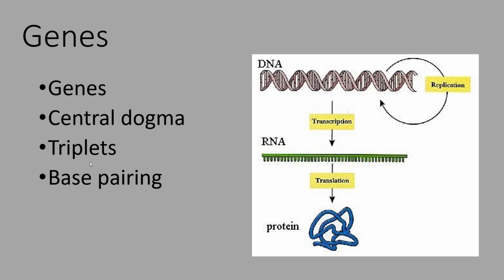Now remember, if we looked at DNA and we knew what letters there were, A's and C's and G's and T's, well, we knew automatically what was on the other side. If we had an A on one side of DNA, we had a T on the other side. If we had a C on one side of DNA, we had a G on the other side. Base pairing. But from that DNA, we're going to unwrap it. We're going to take that double helix and peel one side of it away to expose one side of that DNA.